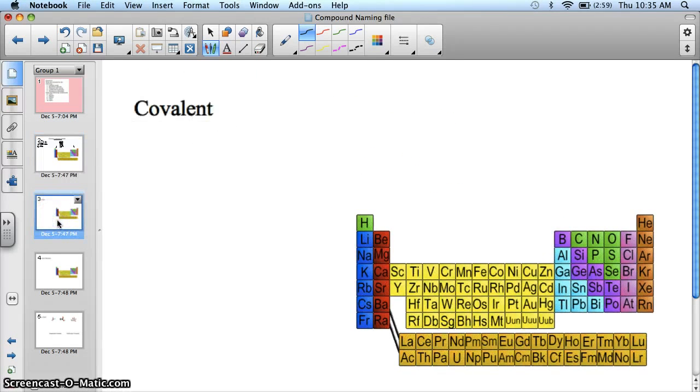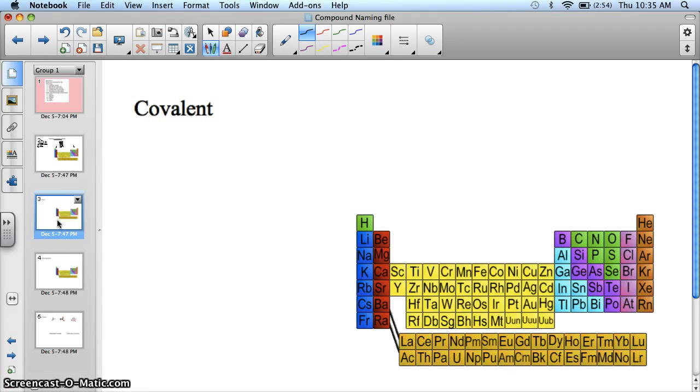Now let's take a look at covalent. Now covalent bonds, you have numerical prefixes that tell you the number of atoms. Now I know our textbook is going to have a page where you find these.